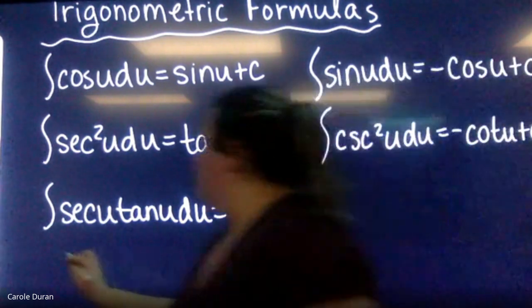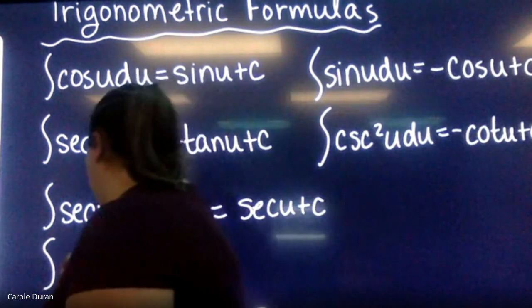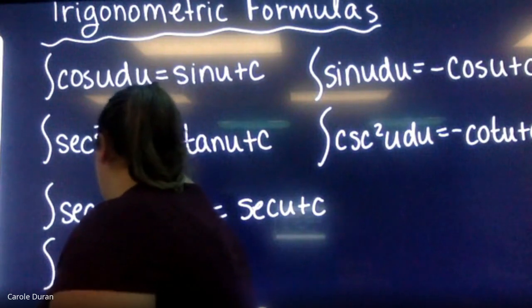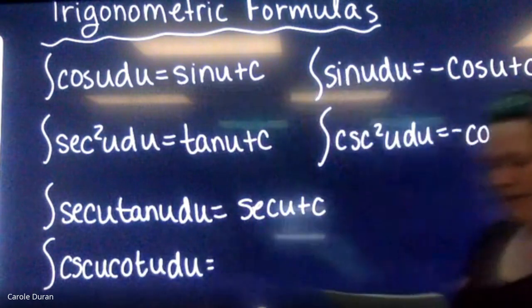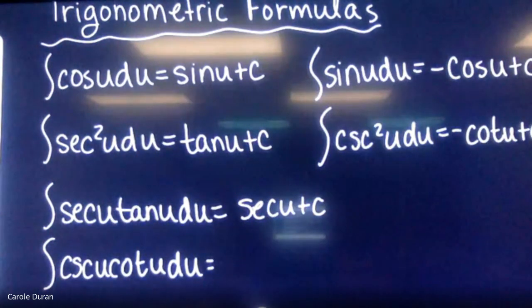Another one we have is cosecant u cotangent u, and its antiderivative is what? Anybody remember? What do I take the derivative of to get cosecant x cotangent x? Negative cosecant.